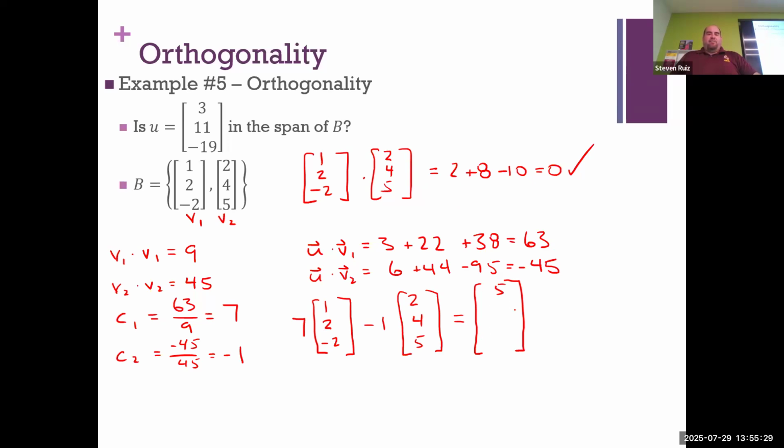So this will be 5, 10, negative 19. So yeah, the one thing to keep note of is that we're not guaranteed to get the vector U back when we do this. What are we guaranteed to get back? Something what?